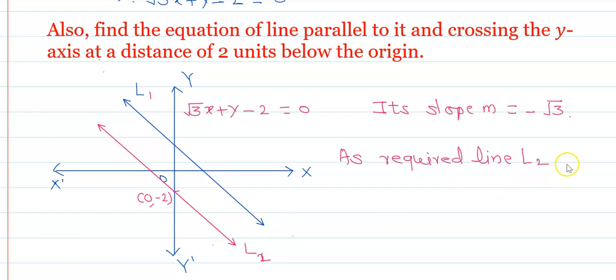Required line L2 is parallel to L1. Therefore, the slope of L2 is the same. When two lines are parallel, they have equal slopes.